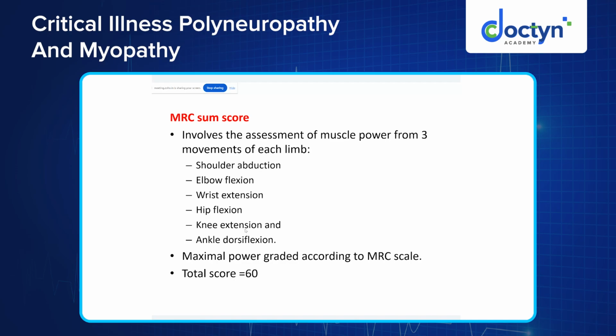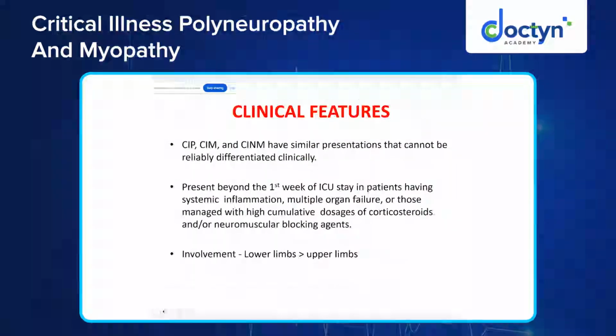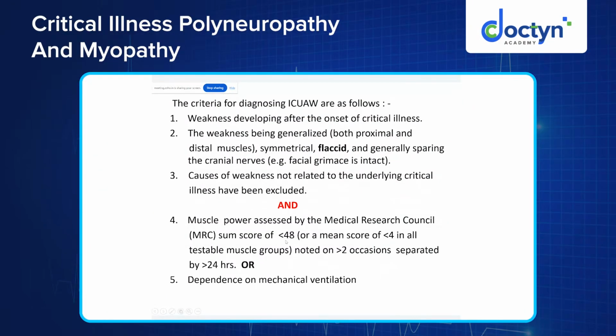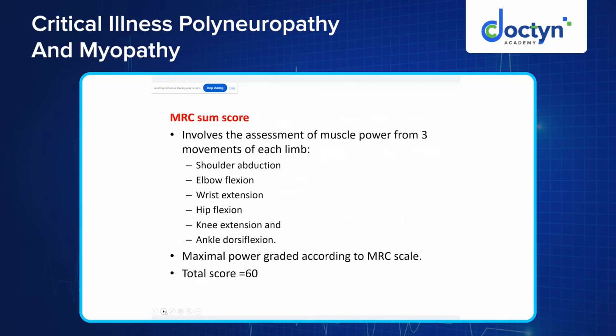Based on the movement of all these joints and muscles, you calculate a maximum power, and this maximal power is graded according to the MRC scale. A total score of 60 is calculated, and a score less than 48 is the criterion for diagnosing ICU-acquired muscle weakness.